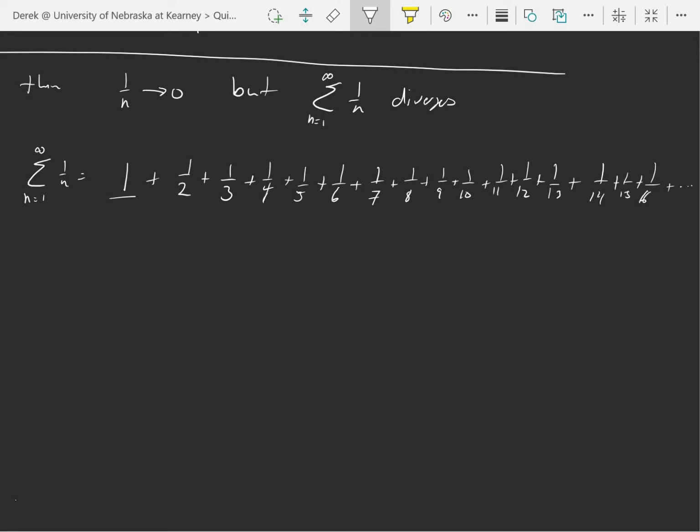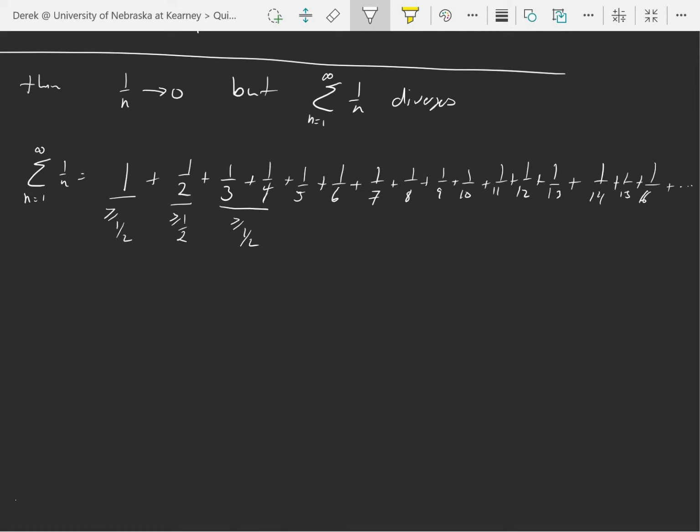So this is bigger than or equal to 1. Well, say it's bigger than or equal to a half. And a half is bigger than or equal to a half. And a third is bigger than or equal to a fourth, so these two together are bigger than or equal to a half.